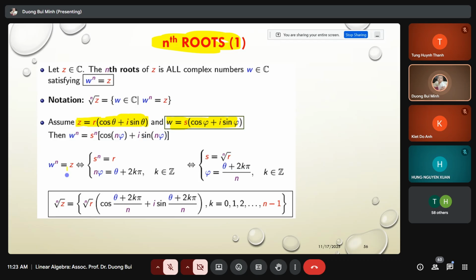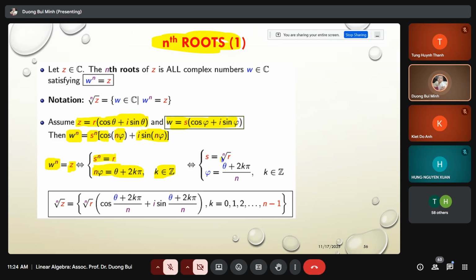If we calculate w to the power of n, applying De Moivre's theorem, w to the power of n is s to the power of n (cosine n phi plus j sine n phi). Then we set w to the power of n equal to z. That means s to the n equals r, and n phi equals theta plus 2 pi k, where k is an integer.